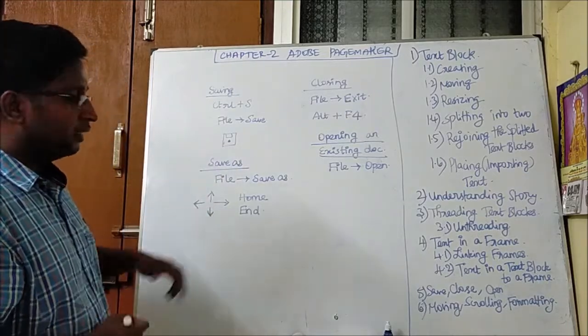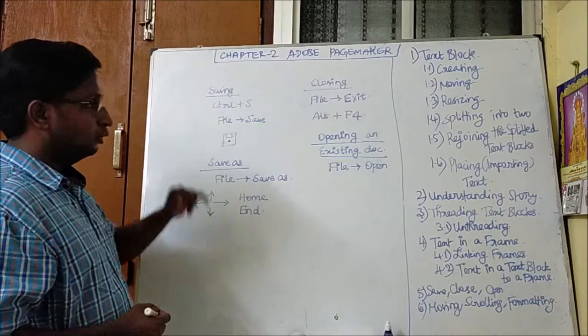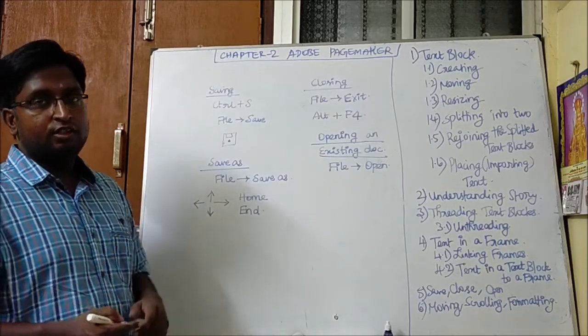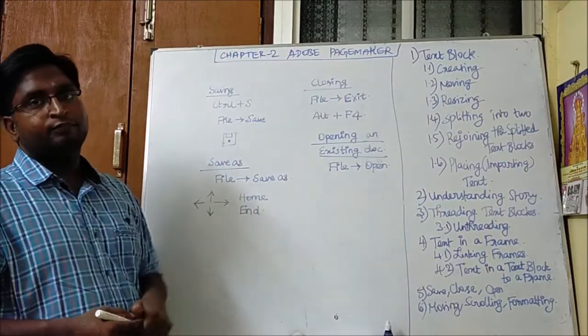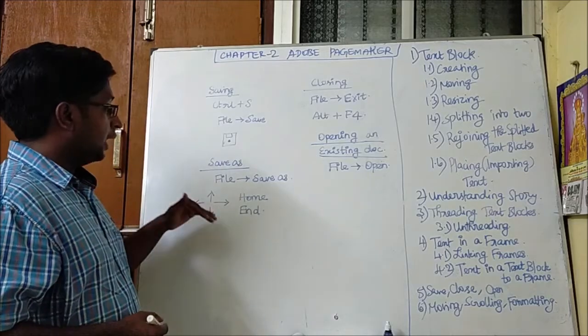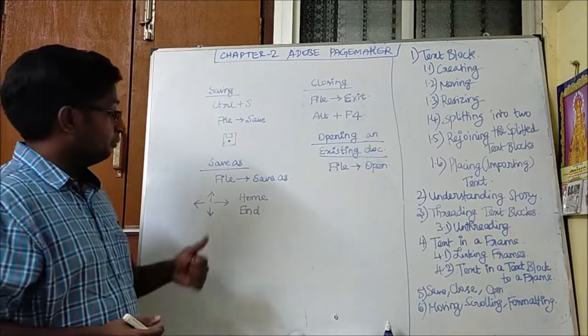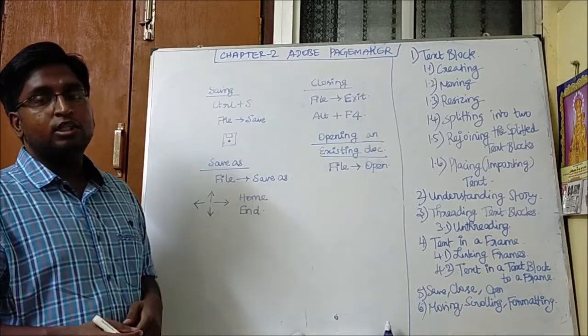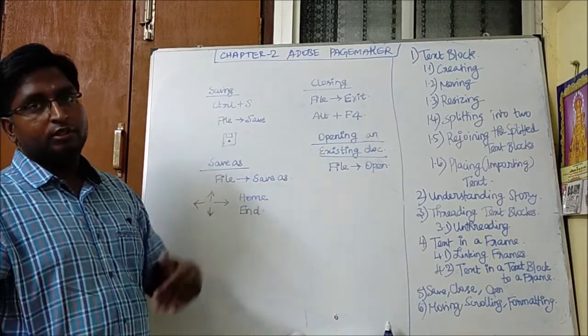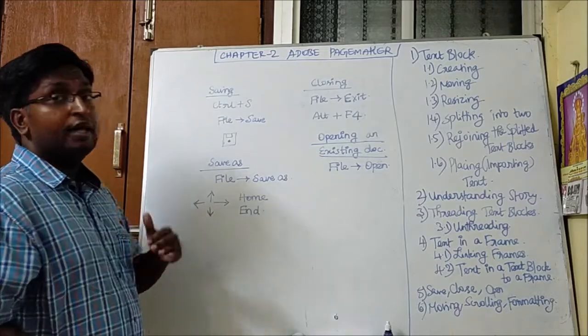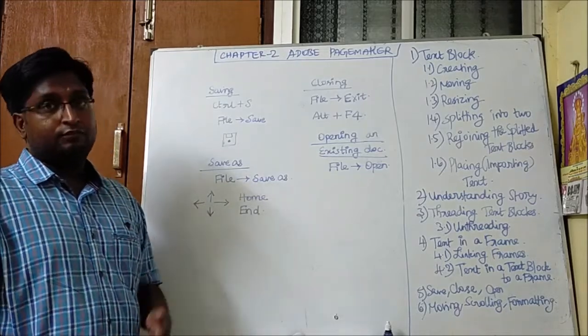Say for example, if I press the up arrow without any additional keys, it will move up one line. If I press the up arrow with the Control key, it will go to the start of the paragraph.